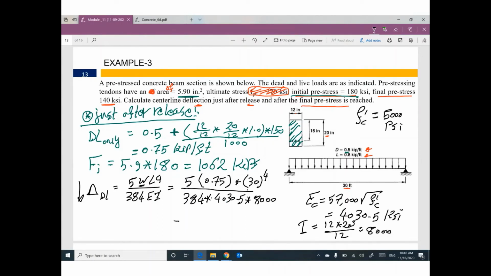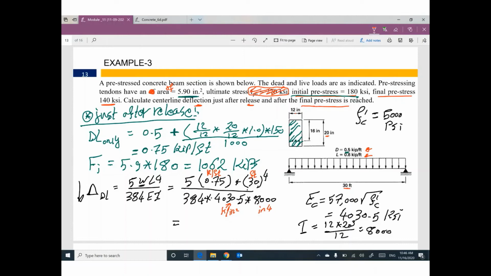If you get a value, your value will be wrong. Do you know why? This weight is in kips per foot. This length is in feet. This E is in kips per inch squared. This I is in inches to the power 4. Your units are not consistent.